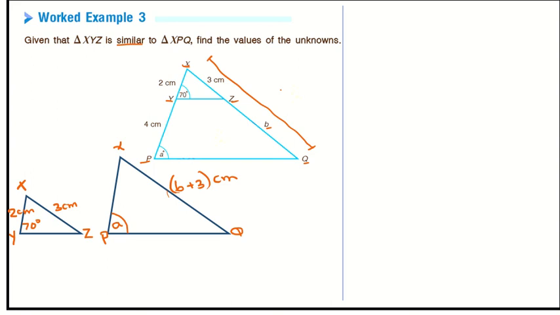And then PX is 2 plus 4, which is 6 centimeters. Okay? Now, we need to know A and we need to know B.